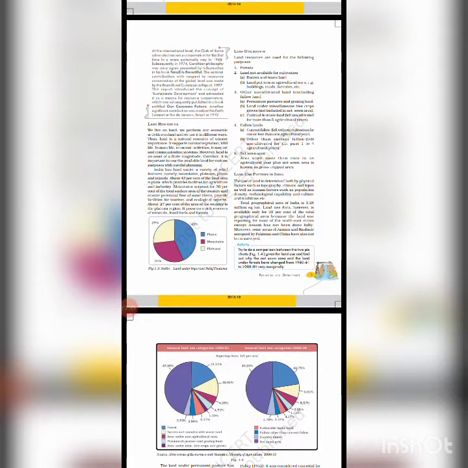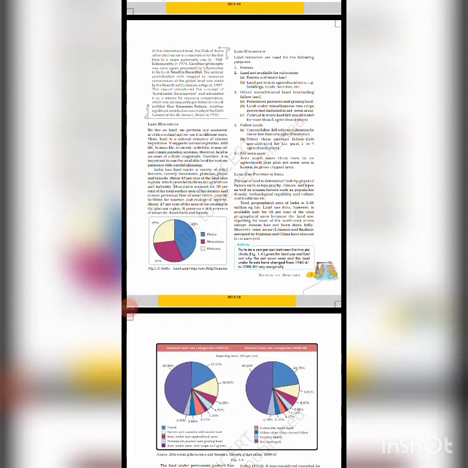Wasteland is land put to other non-agricultural uses, which include rocky, arid areas, desert areas, roads, railways, industries, etc.